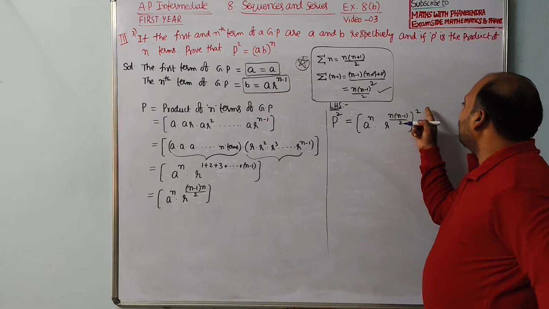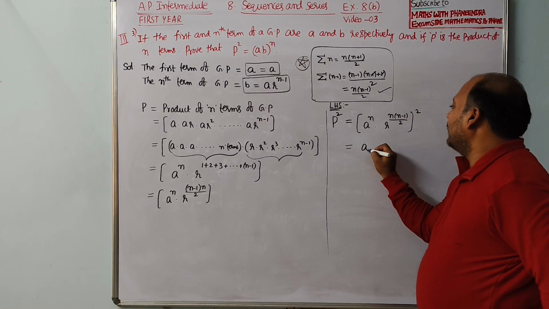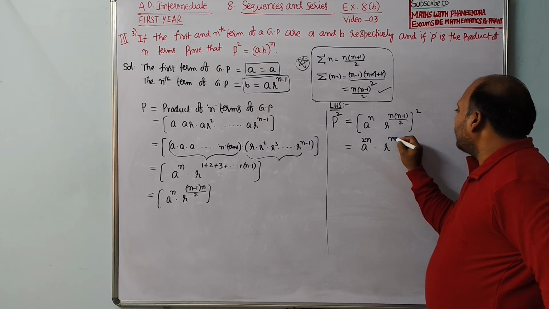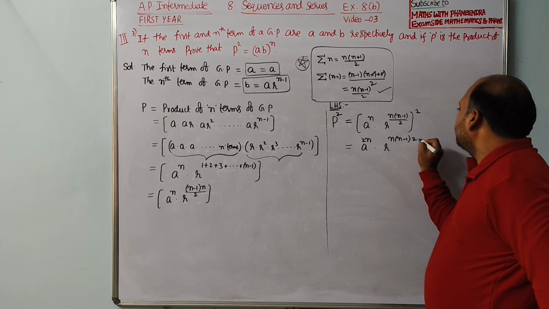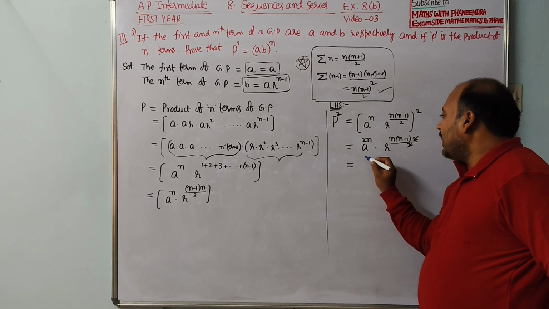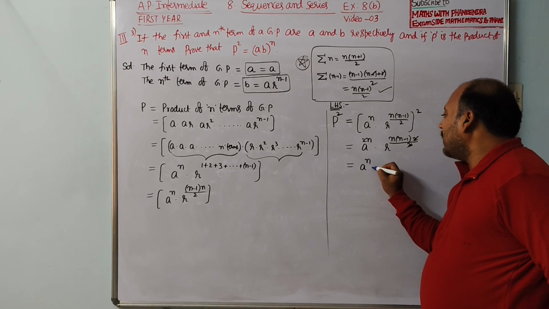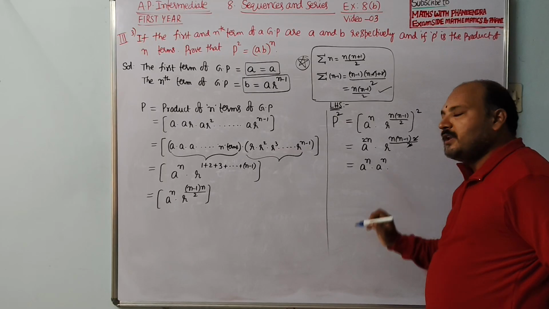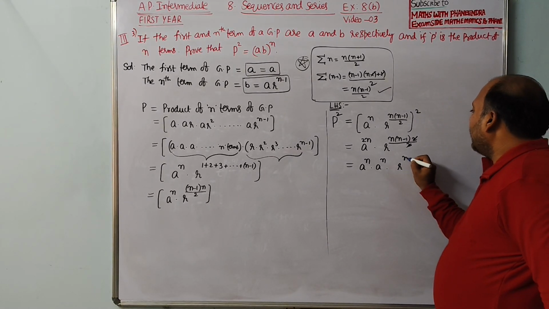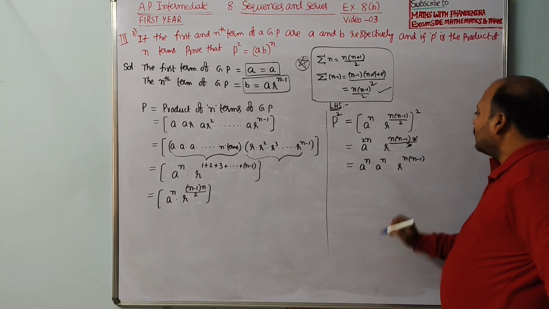So A power m whole power m, A power mn, that means A power 2n into r power n into n minus 1 into 2 by 2. Here 2 gets cancelled. Next, A power 2n can be written as A power n into A power n, am I right? Next, r power n into n minus 1.